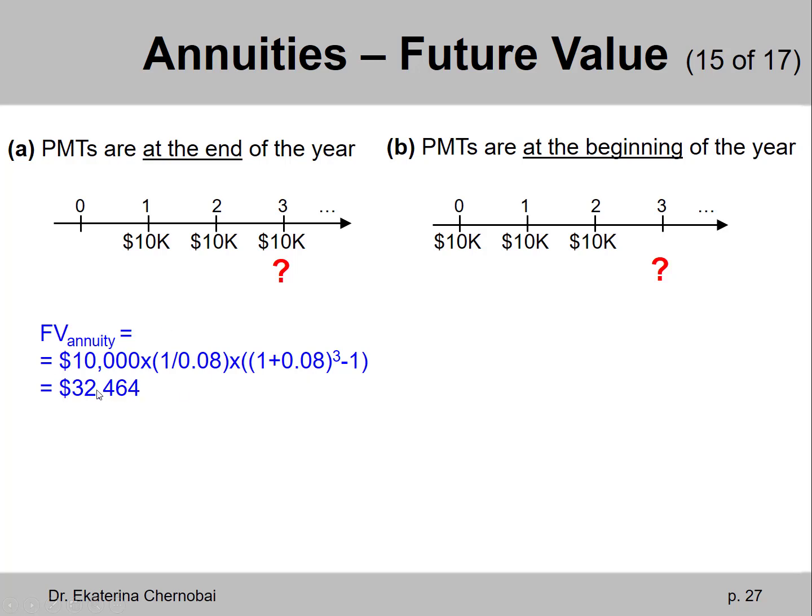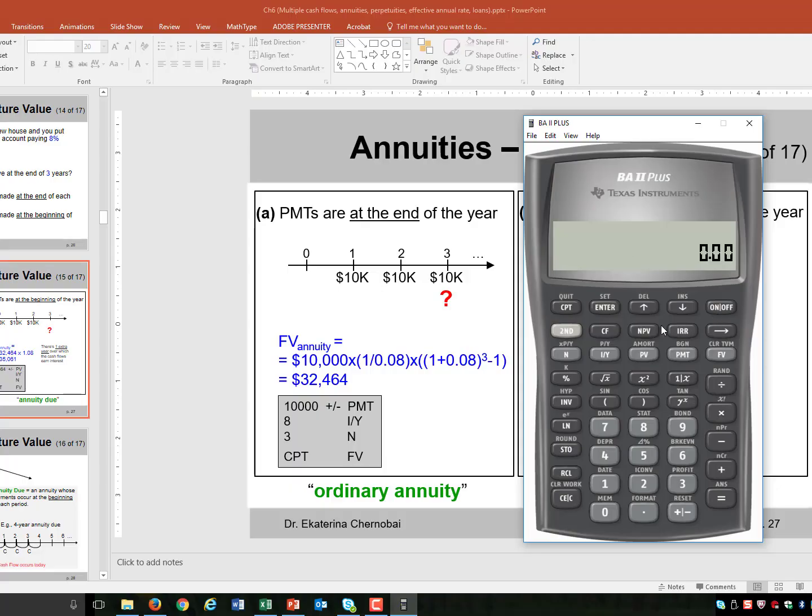The answer we get is $32,464. And of course, we can do it in the financial calculator. First, turn the calculator on. Let's clear everything, which is always recommended. Second, plus minus, enter. $10,000, make it negative, press payment, PMT. 3 is how many of those payments we have.